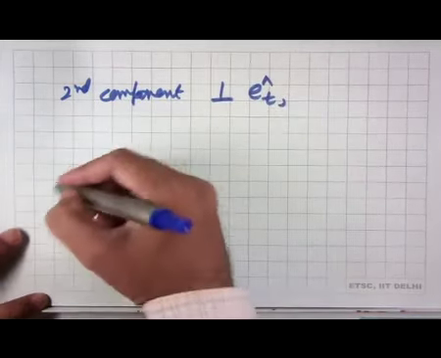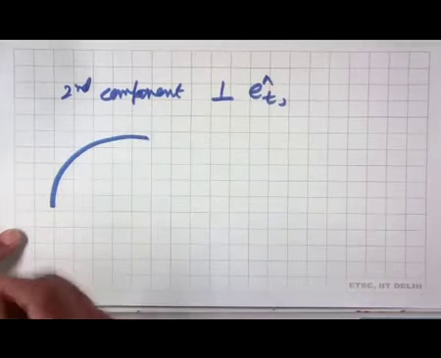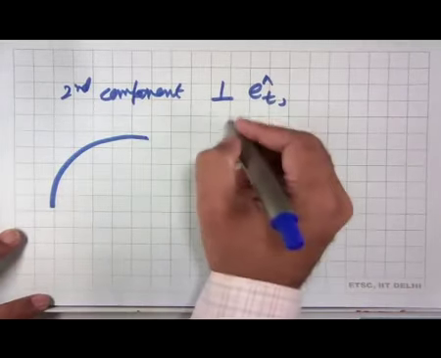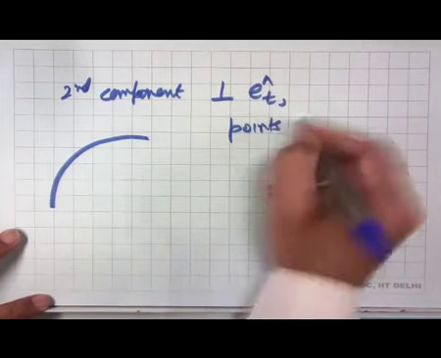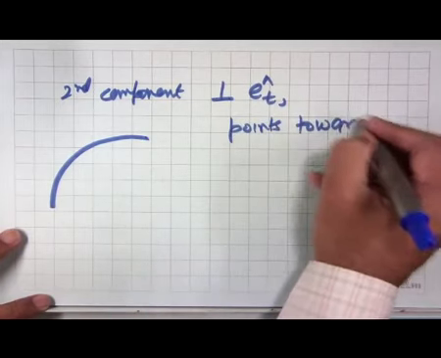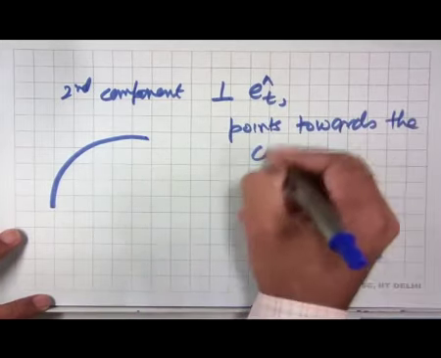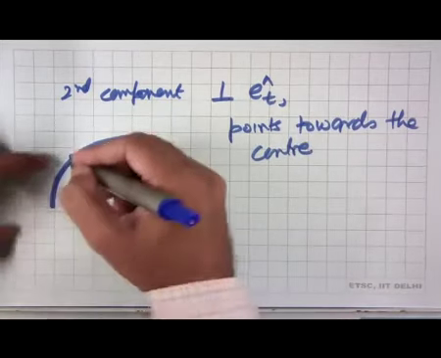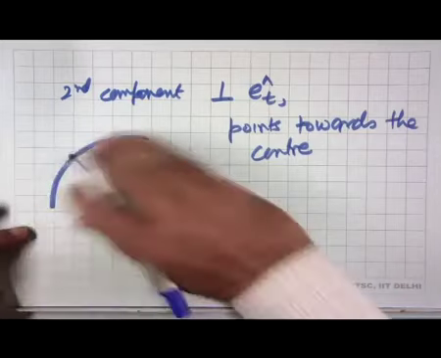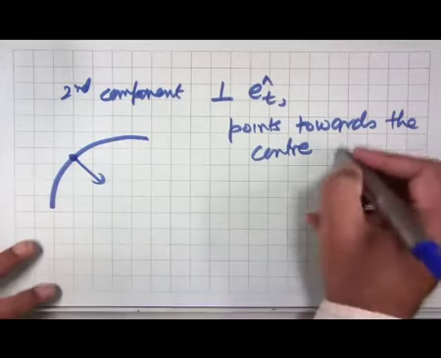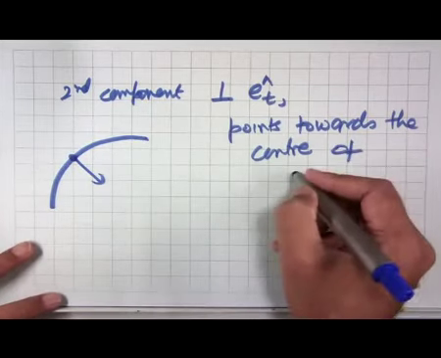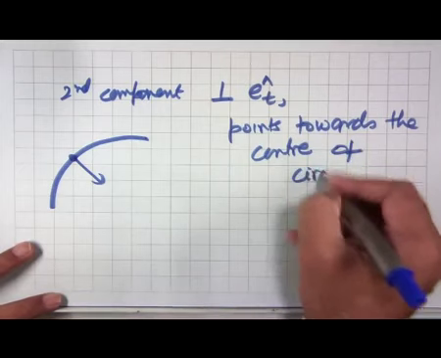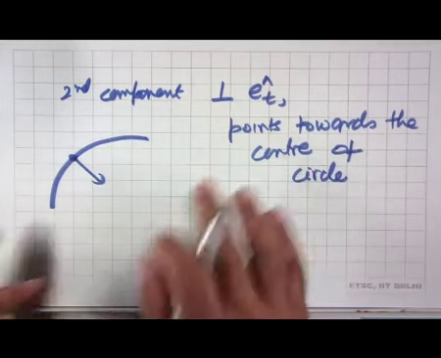If the particle is moving in a curved path, this component points toward the center. If we assume this is a circular type of motion, it points toward the center of the circle in which the particle is moving.